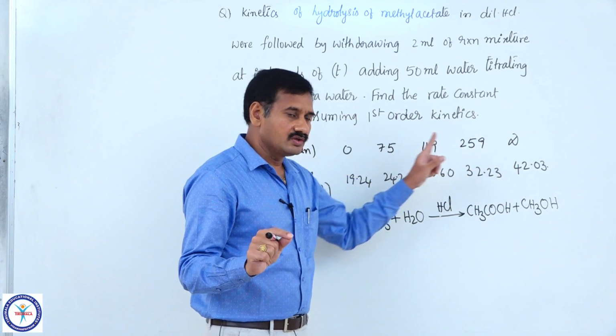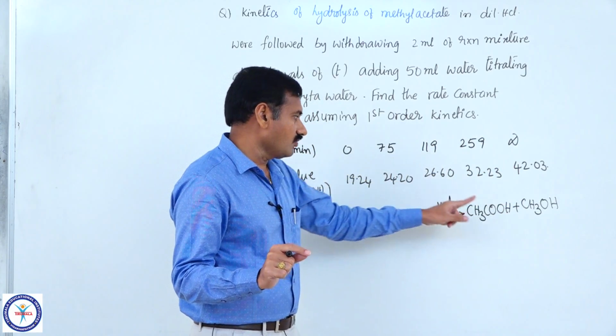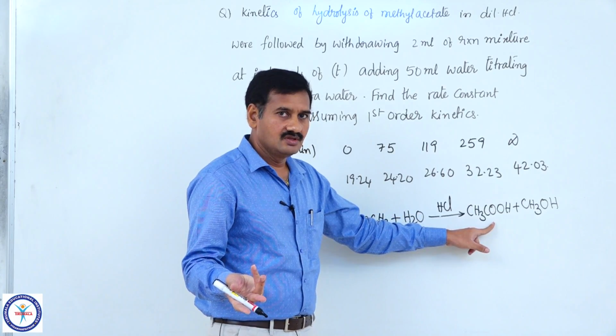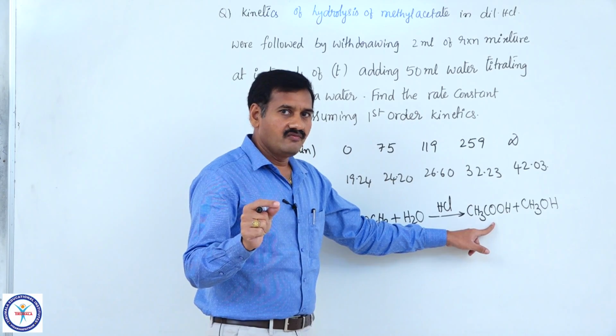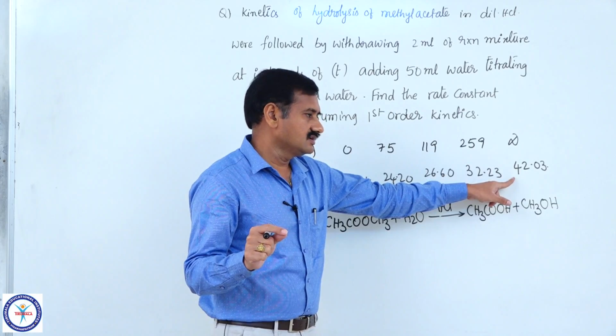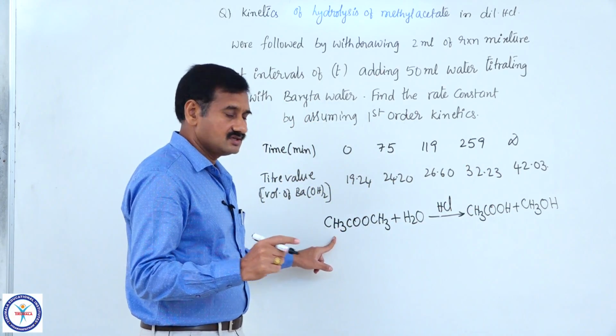So, number of molecules of methyl acetate at t equal to 0 is equal to number of molecules of acetic acid produced at time t equal to infinity. So, volume of barium hydroxide required for neutralization of acetic acid at time t equal to infinity is proportional to initial concentration of methyl acetate.